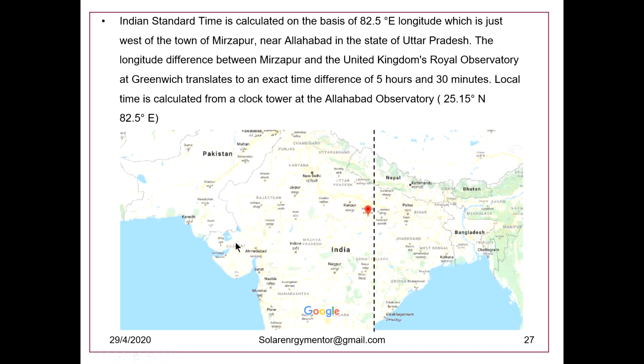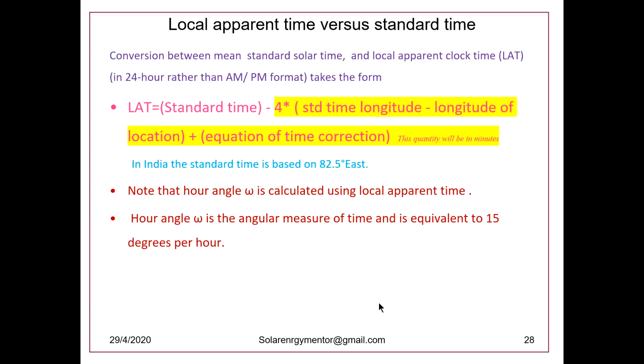Now what is the local apparent time at 11:30 standard time? Local apparent time we have to calculate for Ahmedabad. Similarly for Pune, we have to calculate local apparent time for Pune. So we know Indian standard time, which is on the basis of this standard time longitude. From that, and by knowing the location, we have to calculate local apparent time.